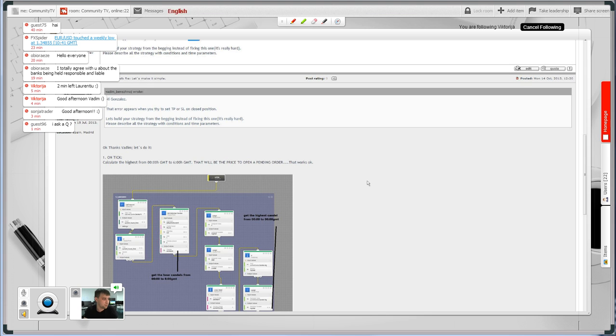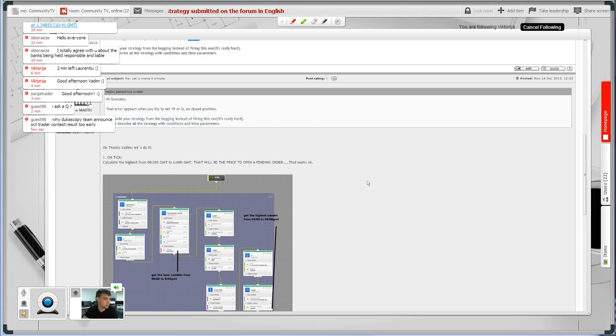First, it starts at 6 a.m. Then it checks the previous 6-hour candles, the period from 0 a.m. to 6 a.m., finds the highest point and places a stop buy pending order there with stop loss and take profit. When the already opened position closes, it reopens the pending order, and so on, and then the strategy stops at 10 p.m. and closes all the orders and positions.